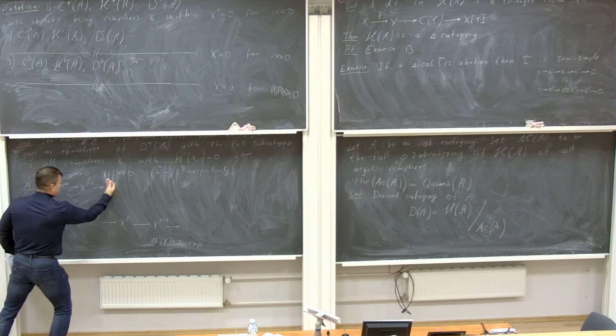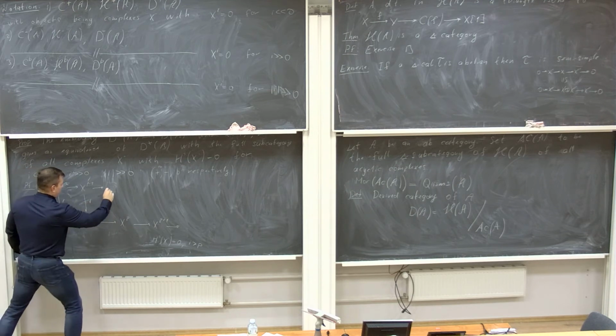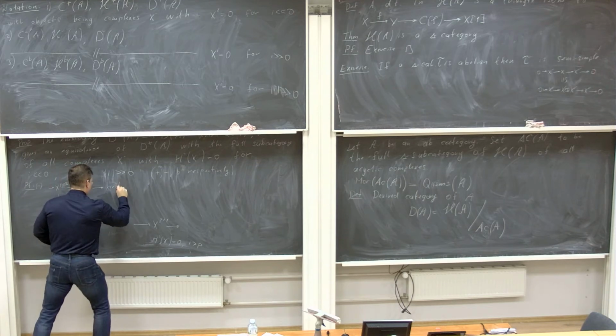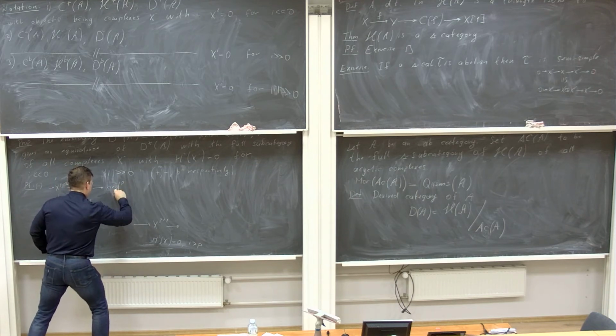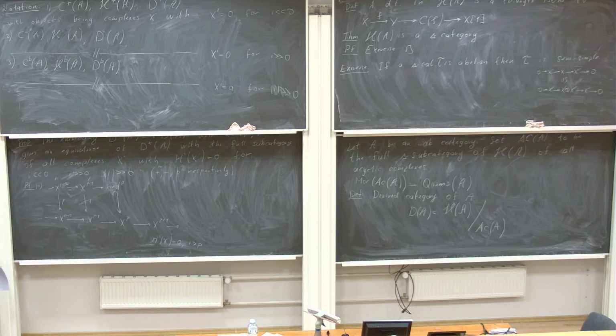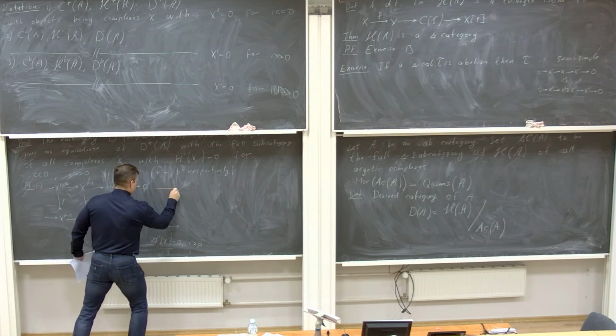I finish with this position, and here I just take the kernel of the differential, with the embedding of the kernel into X^p. And then I continue with the zeros, with zero maps everywhere.